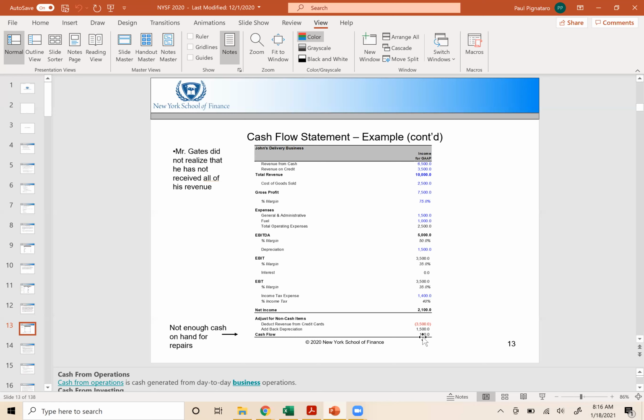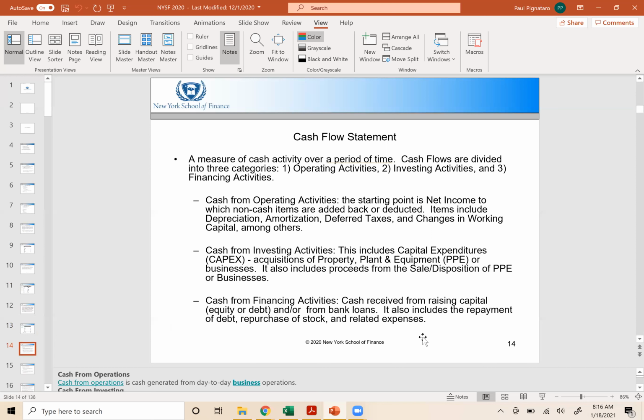So when thinking about this and inferring it into what an actual cash flow statement is, an actual cash flow statement is three major segments. One, your cash from operating activities, which is basically just what we illustrated. It's taking your operating income statement and extrapolating which of that is cash.